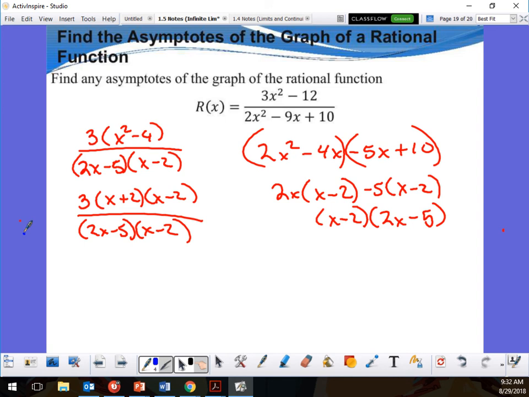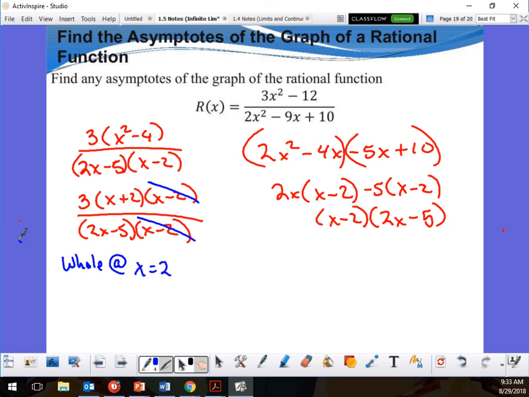And what does it leave on my graph? It leaves a hole. It doesn't leave an asymptote, it leaves a hole. So I know I'm going to have a hole where? Okay, there's going to be a hole at x equals 2, right? There's a hole at x equals 2.